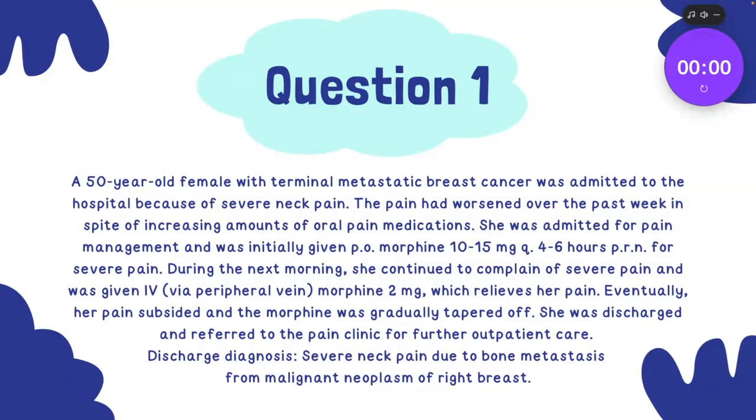Discharge diagnosis: severe neck pain due to bone metastasis from malignant neoplasm of the right breast. So I hope that you see something. We are in, and let me just go back.